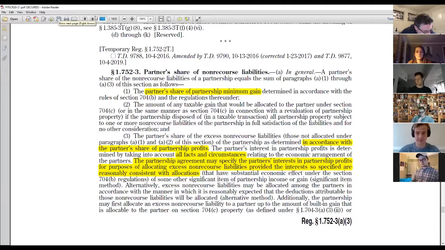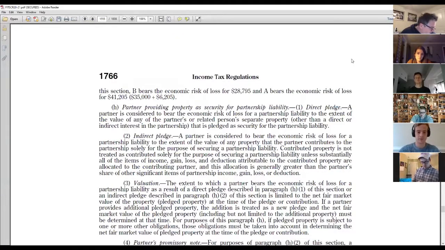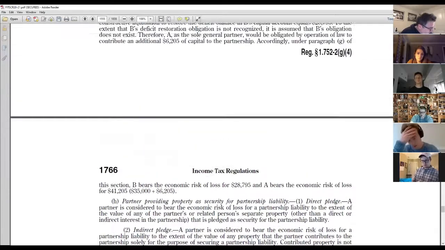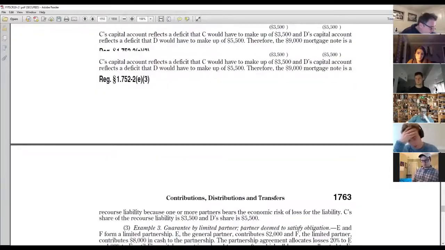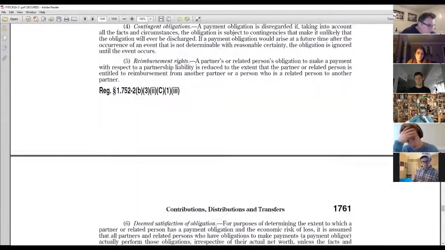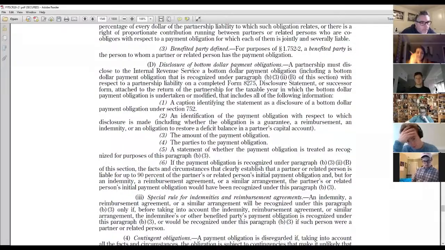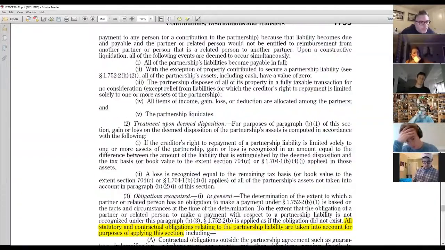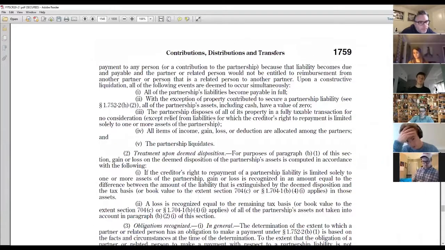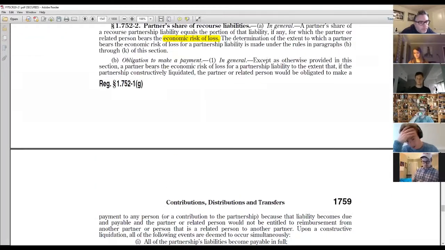With 752-2, we have that atom bomb scenario where everything becomes worthless. Here's -2(b)(1).